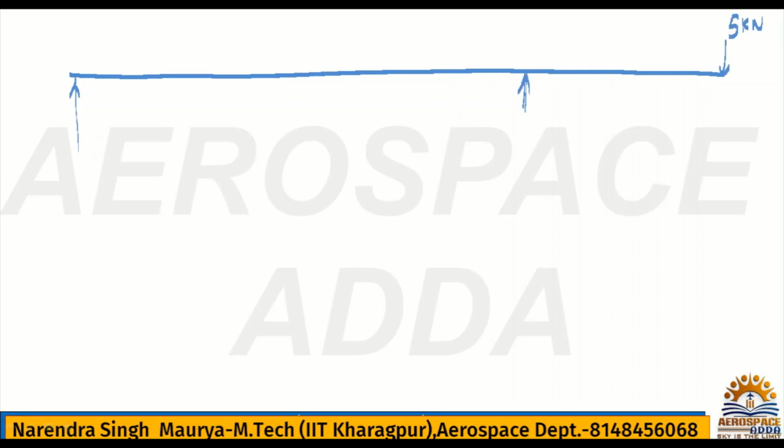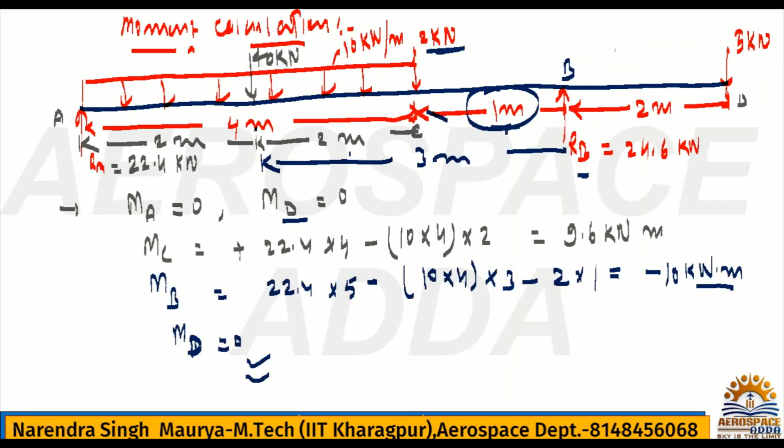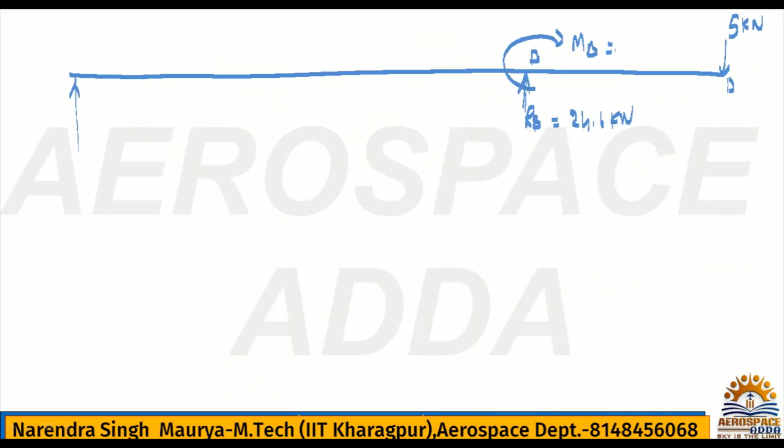Okay, 5 kilonewton. This is D, this is nothing but B, which is RB, and you have calculated 24.6 kilonewton, and moment about B you got just now, it's nothing but MB, it's minus 10 kilonewton.